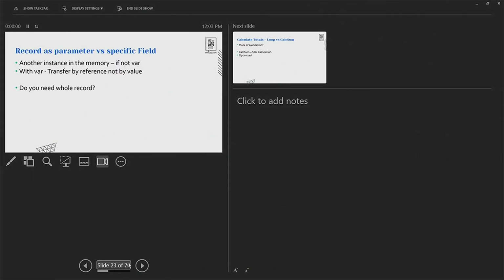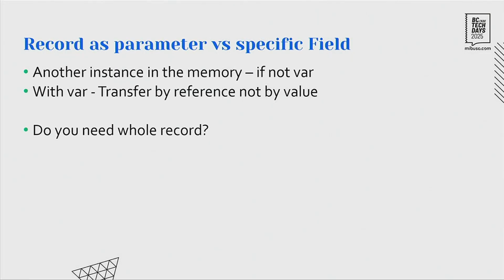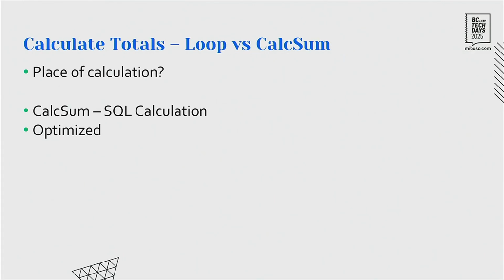So let's move forward. Here we were just talking about memory. We don't have any SQL queries to show. So what about calculating the totals from a loop versus with calcSum? The main difference between those two patterns is the place of calculation.